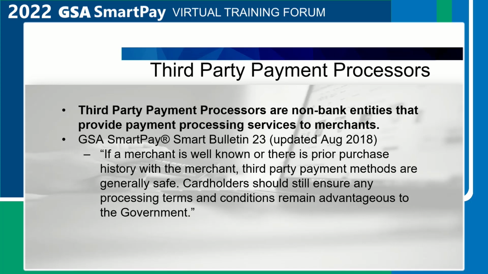Third-party payment processors. SmartPay Bulletin 23 covers use of third-party payment processors when making purchases with the purchase card. Third-party payment processors are non-bank entities that provide payment processing services to merchants.